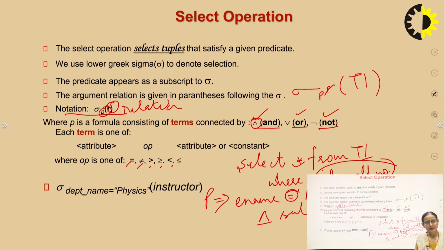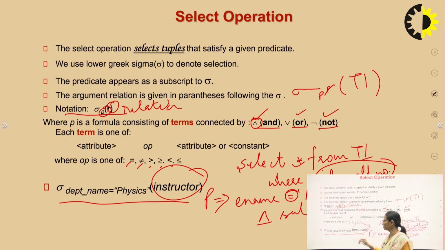So in this case, for example, what this relational algebra query is doing is selecting all the attributes. Clear? What's the relation? Instructor is the relation, and what is the predicate? Department name in this case is equal to physics. So it will show all those instructors who are working in the physics department.